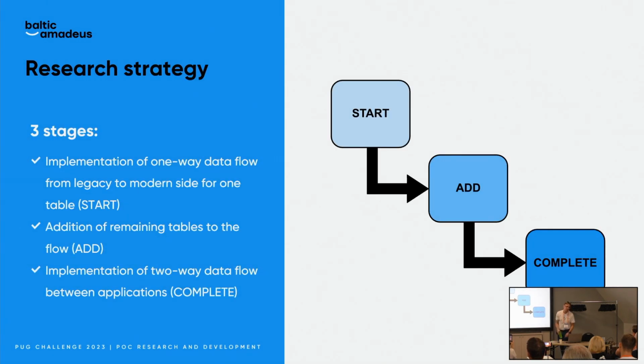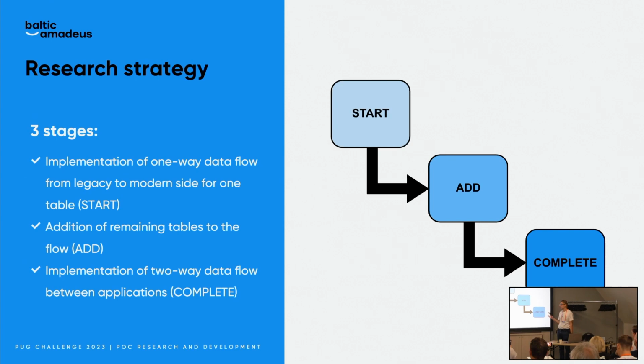Now, the initial research strategy had 3 stages. The first stage was the start stage, obviously, nothing really fancy in the naming here, but that was the implementation of one-way data flow from legacy to the modernized side. Really simple, specifically mentioned here for one table.